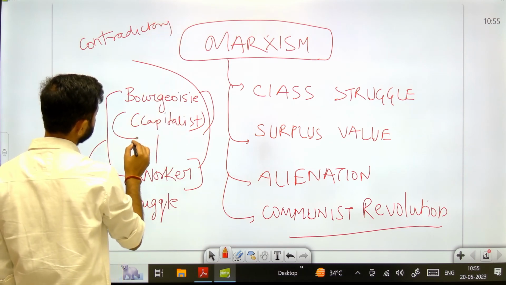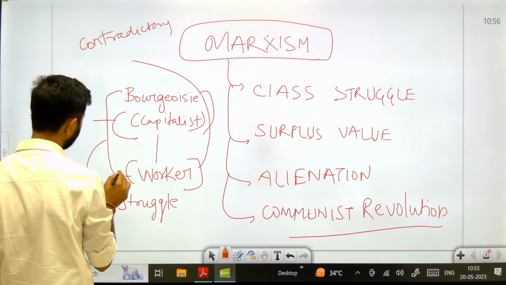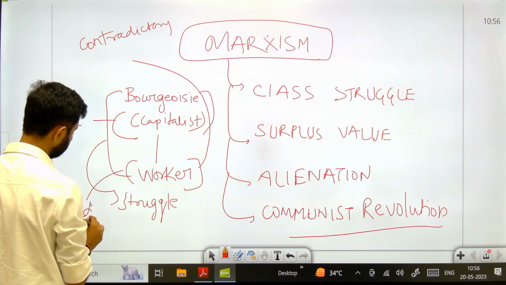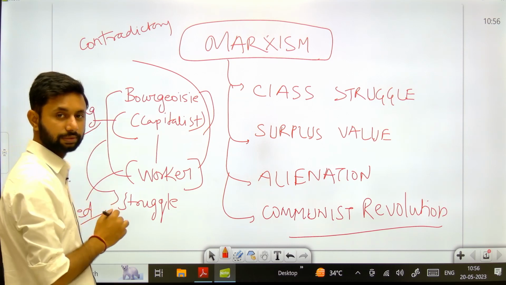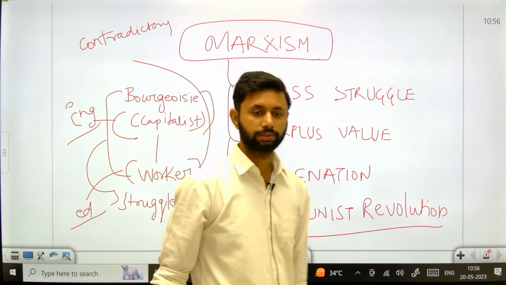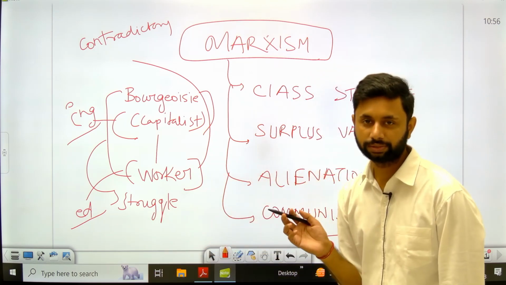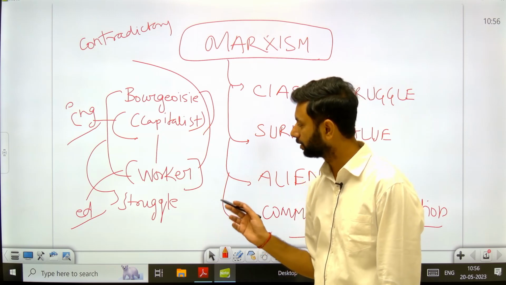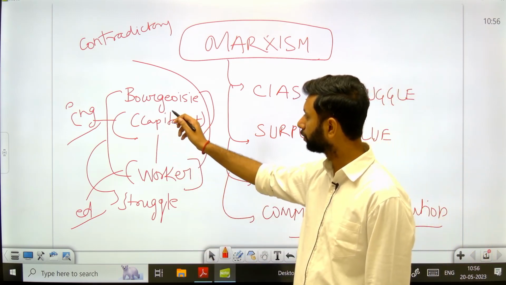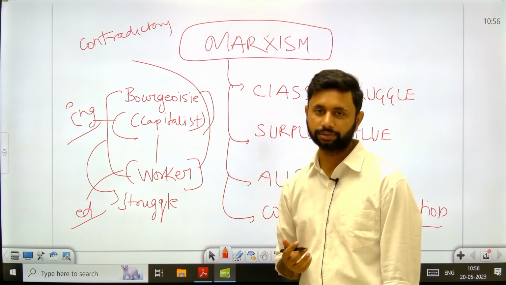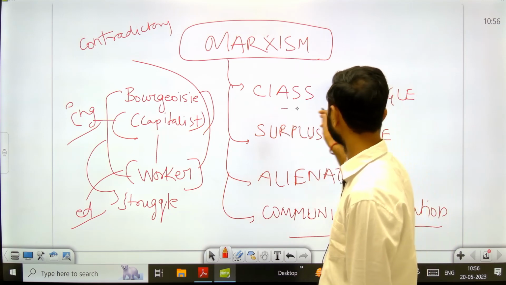This is an exploiting class, it exploits the workers, and this is the exploited class. Marx says that the capitalist is an exploiting class, workers are the exploited class, and because of the contradictory interests of both these classes, they will continue to be in class struggle.